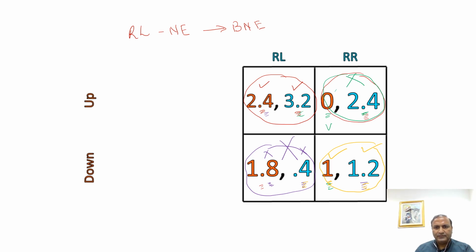So what do we see here? Sorry, here it is up and RL, and this one here is down, and RR is a Nash equilibrium. But remember, this Nash equilibrium is now called a Bayesian Nash equilibrium.